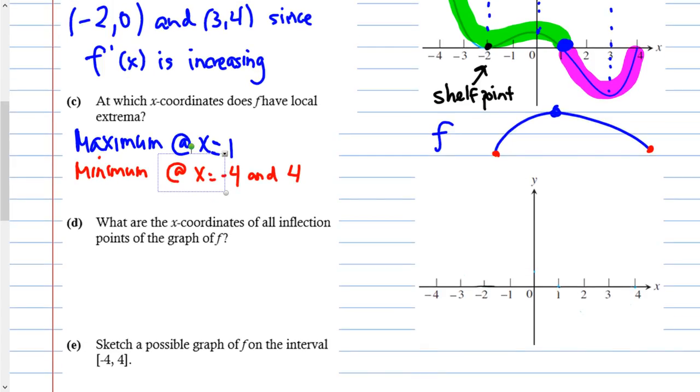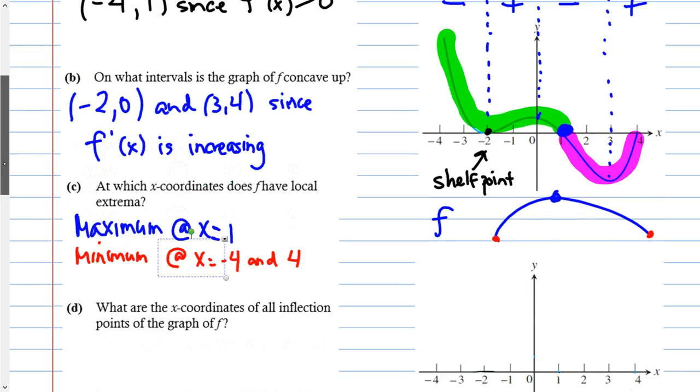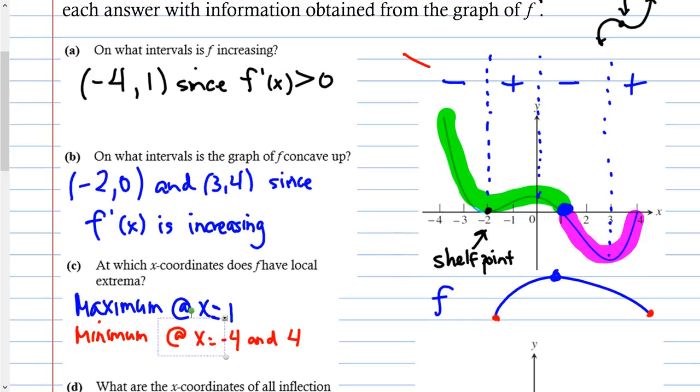Okay, D. What are the x-coordinates of all the inflection points of the graph of f? So remember, inflection points are when concavity changes. If you recall, these up here are what told me concavity. So where does concavity change? So at x equals negative 2, so right here, it goes from negative to positive. And then the next one is positive to negative, so it changed again.